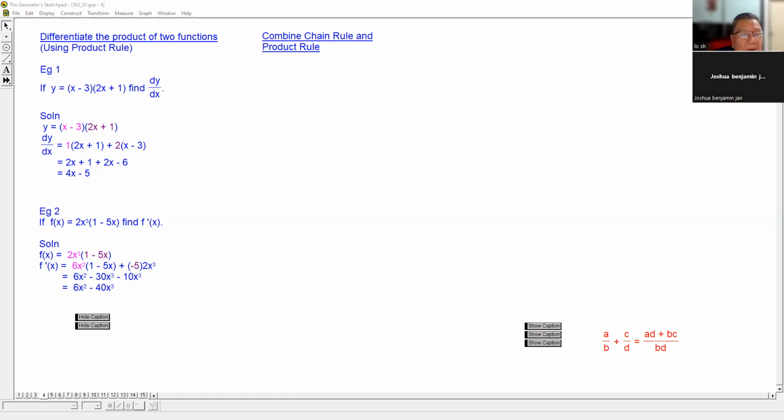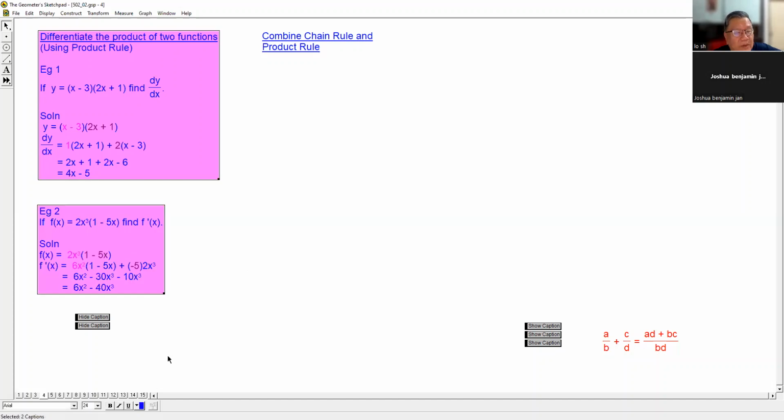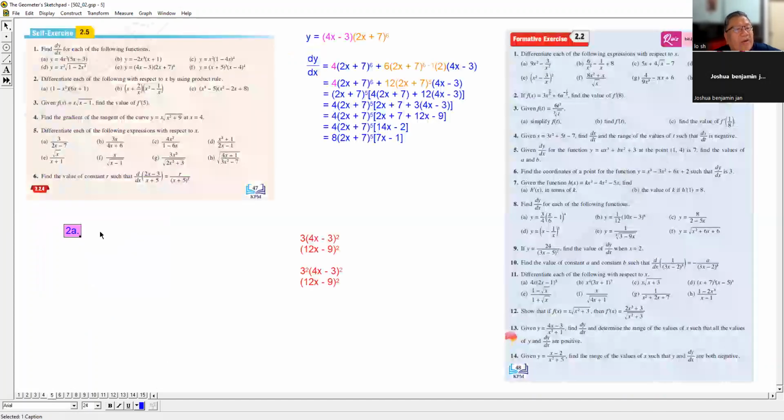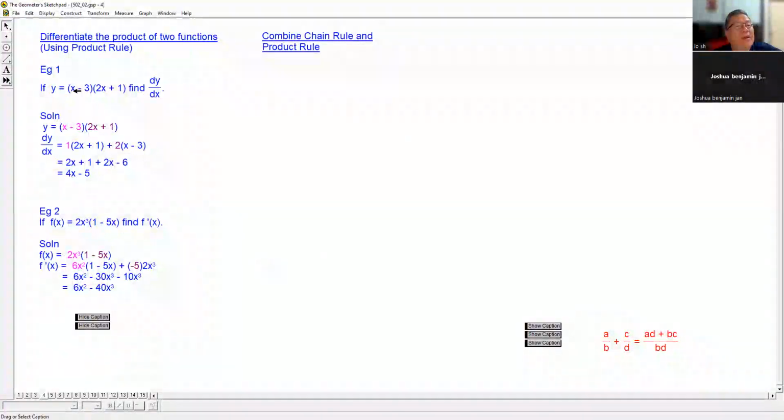But if you differentiate 1, doesn't it mean 0? Which one? Example 1. Example 1, a single number like 3, when you differentiate, it becomes 0.